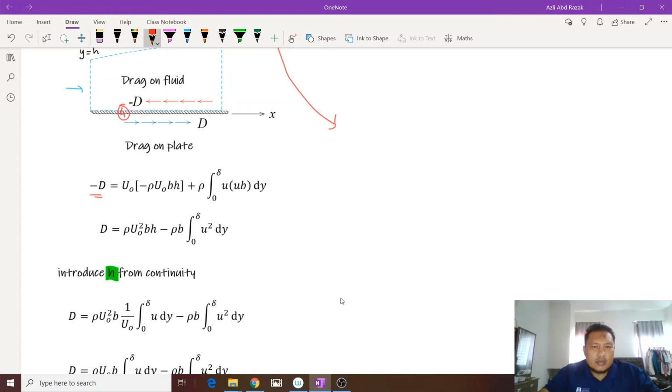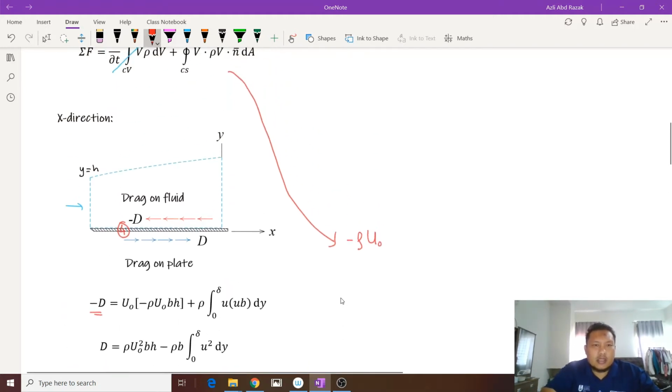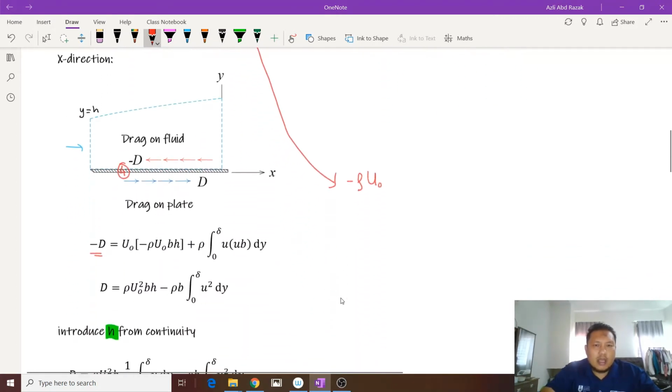So before you come up with this, what we have is minus rho u naught, multiplied by u naught, and then multiplied by, for the n, a minus 1. Okay, sorry, I made a mistake here.